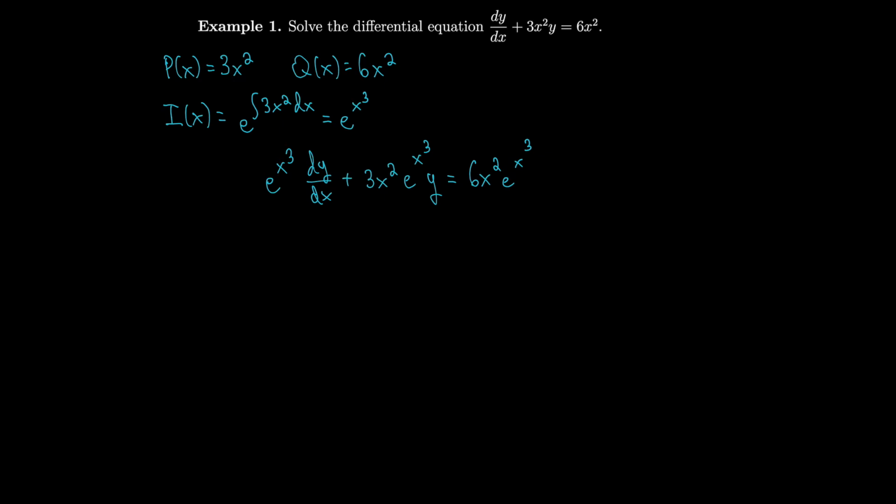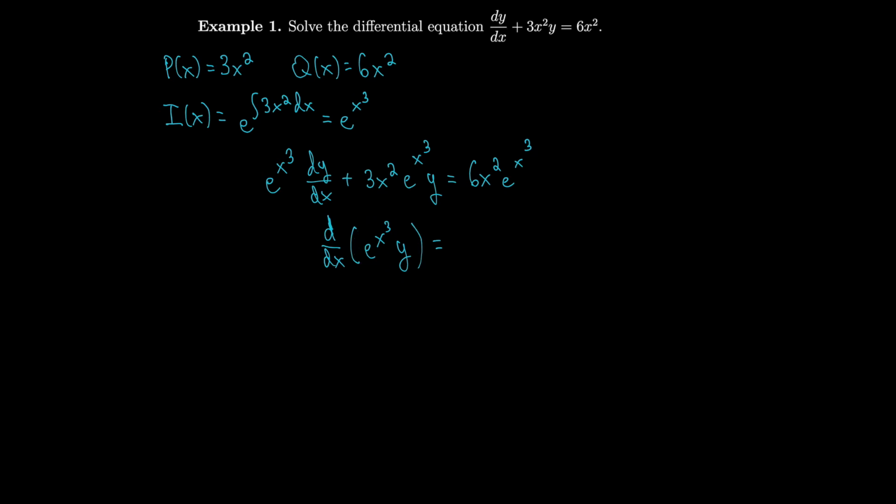So this is just the product rule applied to e to the x cubed times y. Every single time you solve one of these, you're just basically going to be looking for the product rule after it's been applied, and you're going to be going backwards to write it as the product rule before it was applied.